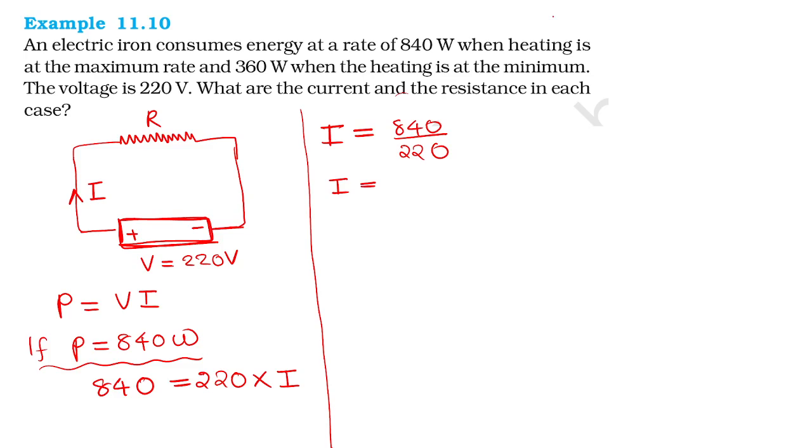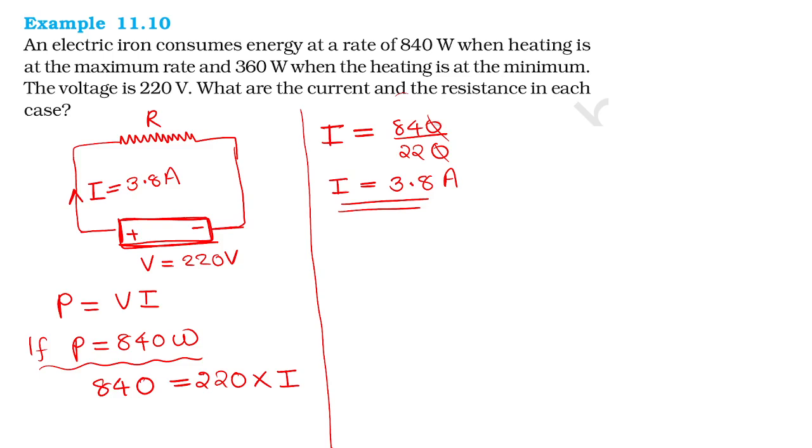Let me do the division. 0, 0 cancel. I don't want to explain the division step. 840 divided by 22, you can do the division later. Let me save time: 3.8 ampere. So when the power is 840 watt, the current through the iron box will be 3.8 ampere.